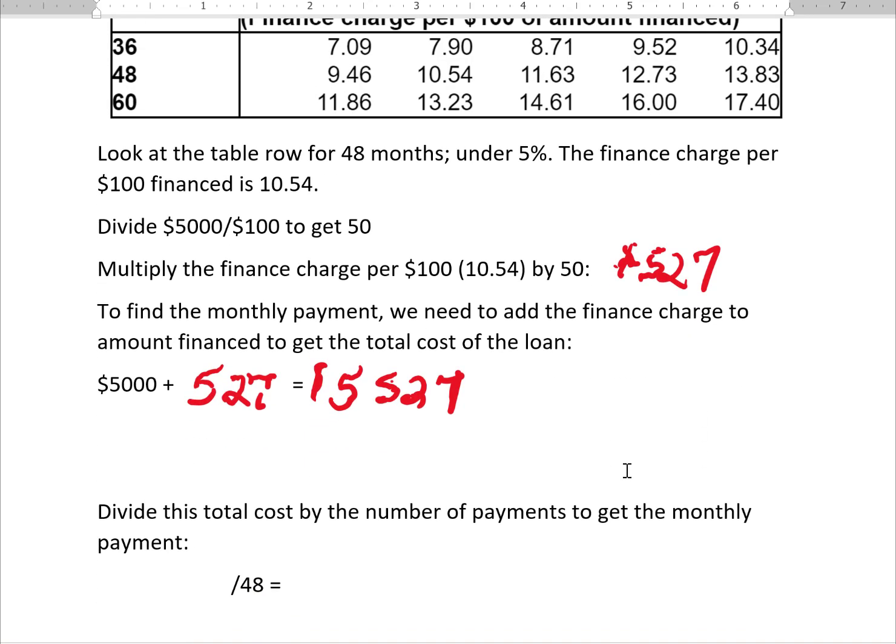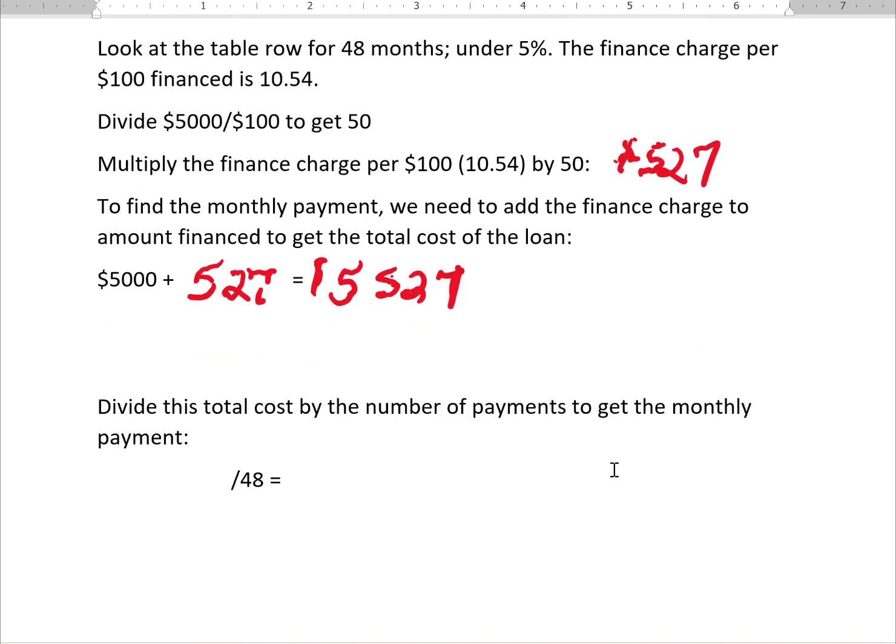And to get the monthly payment, you're going to take that $5,527 and you're going to divide by 48.